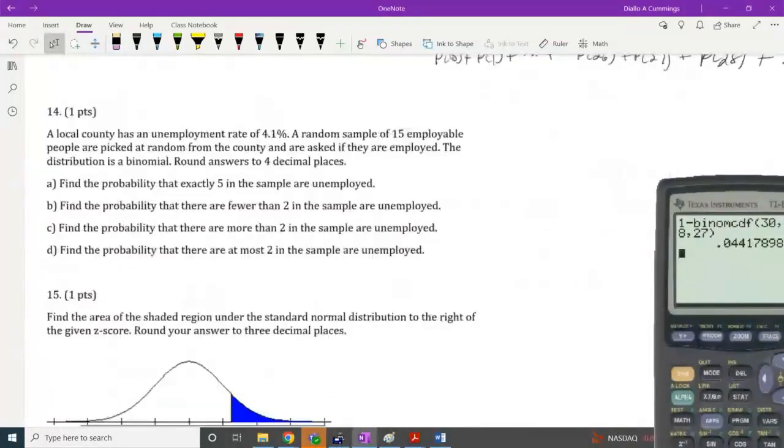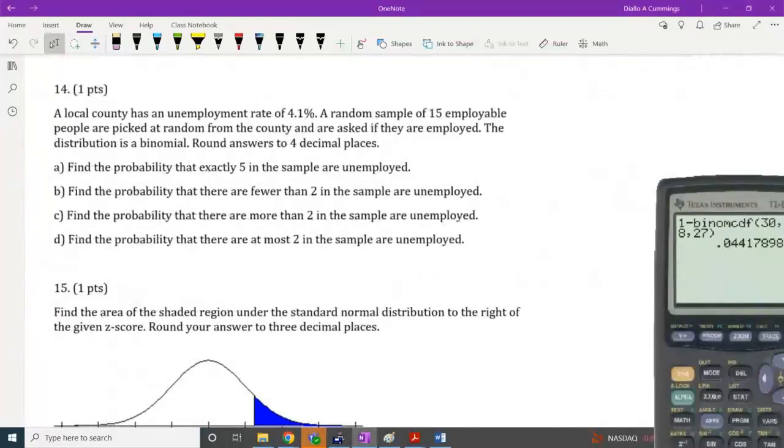All right, here is number 14. It is still dealing with the binomial distribution. It says a local county has an unemployment rate of 4.1%. A random sample of 15 employees are picked at random from the county and asked if they are employed.